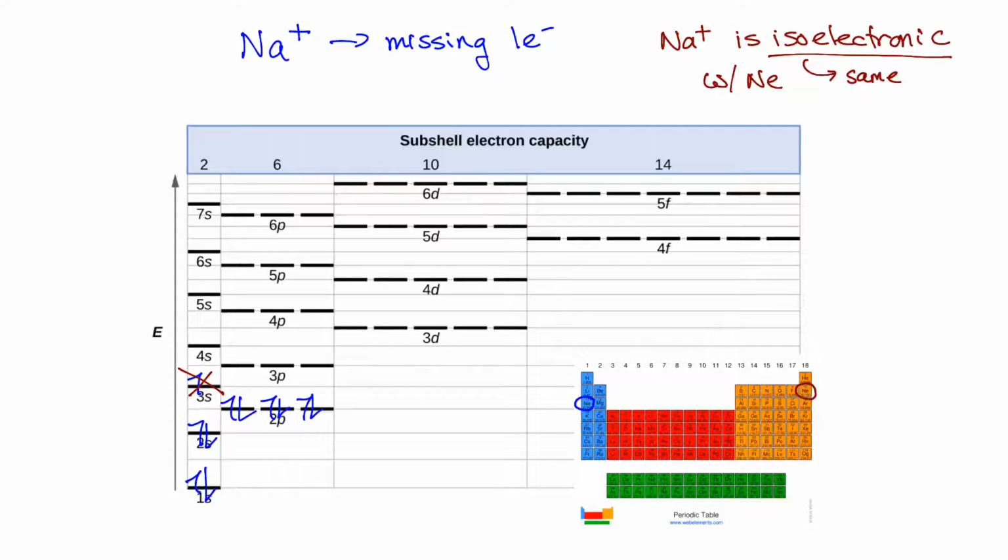Sometimes it's easier to lose an electron to get to this situation, sort of like our sodium plus, right? So sodium really is not super excited to hang on to that last electron that we put in. It's happy to give it away because that means that it can get to a stable full subshell configuration.